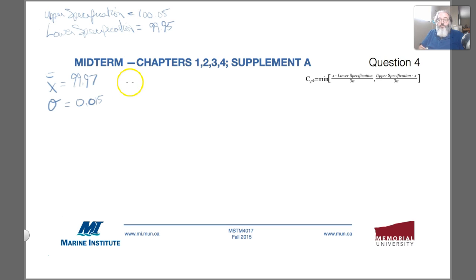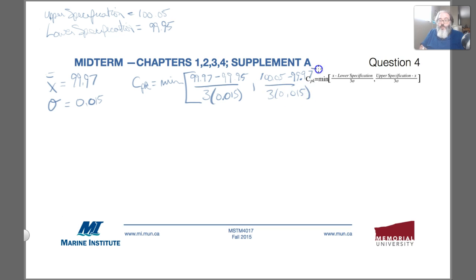To calculate the process capability index for the existing process, we're just going to take the minimum of 99.97 minus 99.95 over 3 times 0.015, and 100.05 minus 99.97 over 3 times 0.015, and we're going to take the lower of those.